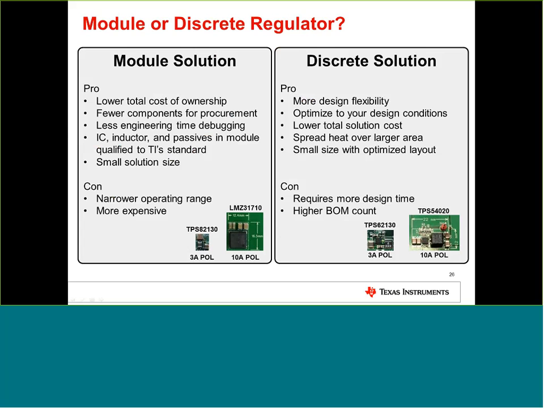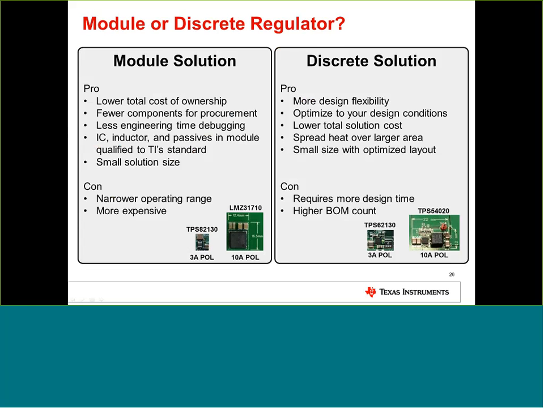Here is a short overview of which options we have for the power supply itself. The 62135 was a discrete solution. The advantages here on the right side: we have a little more flexibility, and we can optimize the design conditions because we can choose the capacitors and inductors.